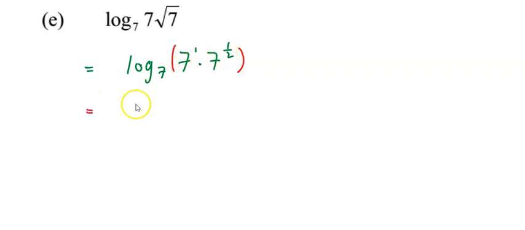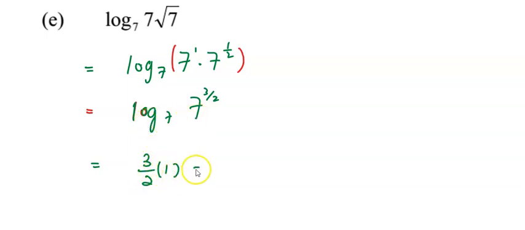You can add up their powers, which becomes 7 to the power of 1 plus 1 over 2, you got 3 over 2. And then we bring the 3 over 2 to the front by applying the third law of log, which gives 3 over 2 multiplied by log 7 to the base of 7, which is equivalent to 1. And the final answer is 3 over 2.